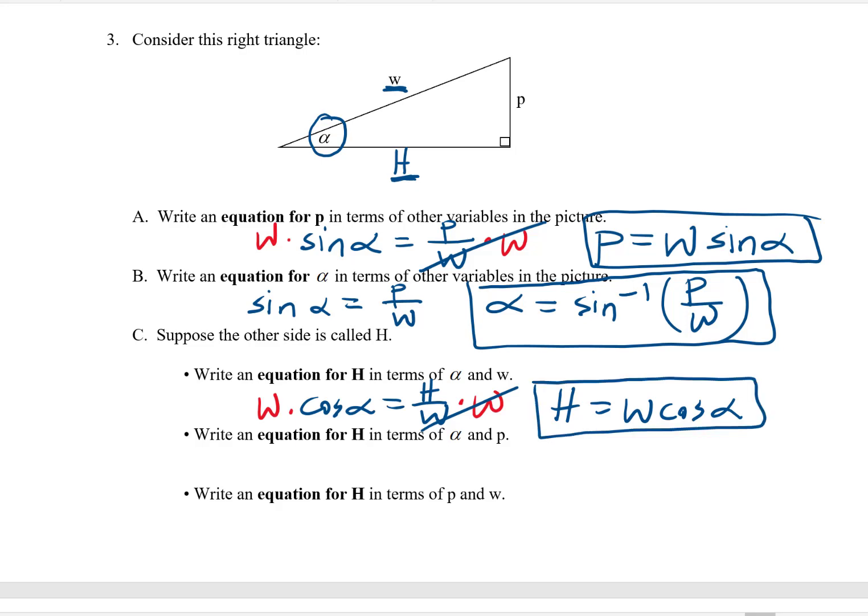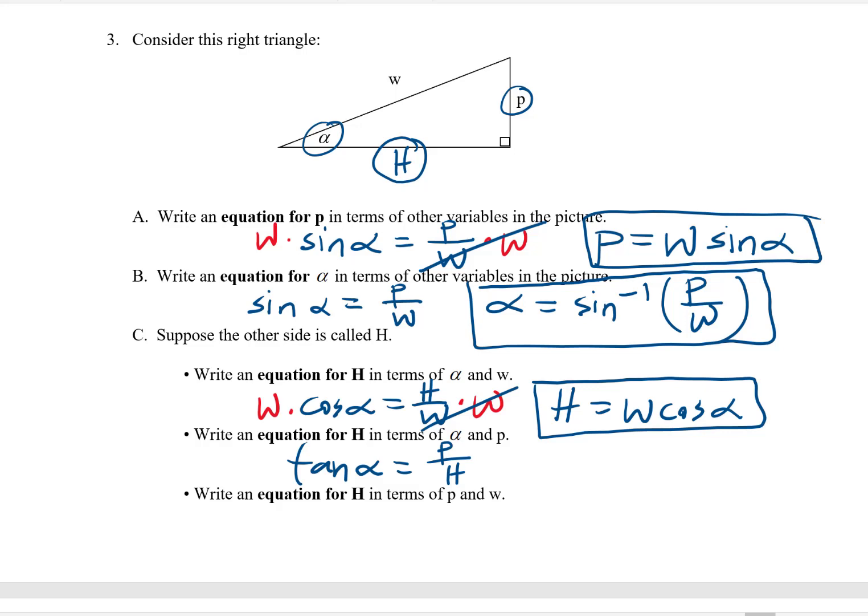Okay, now I want an equation for H in terms of alpha and P. So here's my H, here's alpha, here's P. How do I link up those three pieces? Not using sine or cosine now. These pieces would be linked up using tangent because tangent is opposite over adjacent.